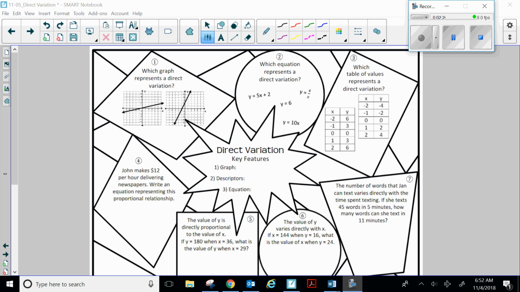Okay, so let's go over our key features of a direct variation. A graph, just like a proportional relationship, passes through the origin.